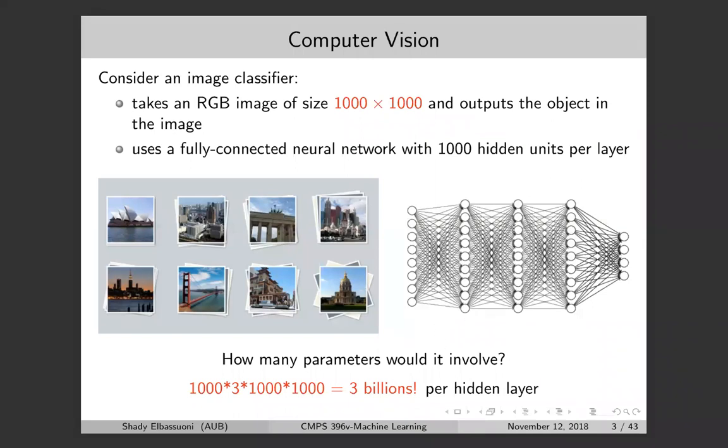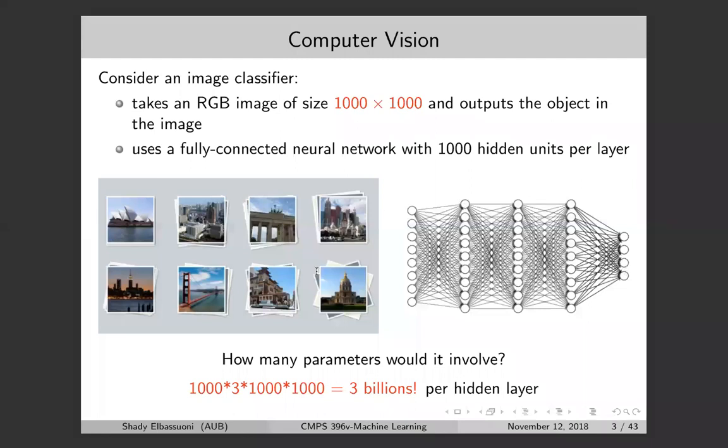Now, it is not typical of a neural network to have 100 hidden units per layer and to have just a few layers like this. So maybe 3 hidden layers or something like this. The final output is a softmax, right? Because I'm doing a multi-class classification. That's why I have fewer neurons at the output layer, equal to the number of objects that I want to classify the image into.